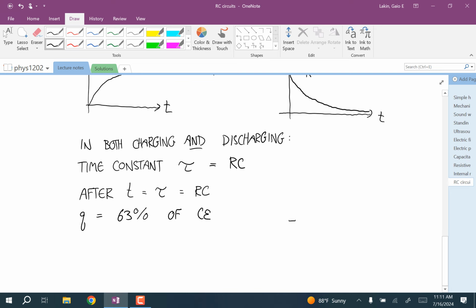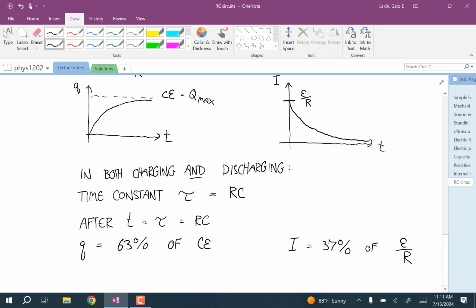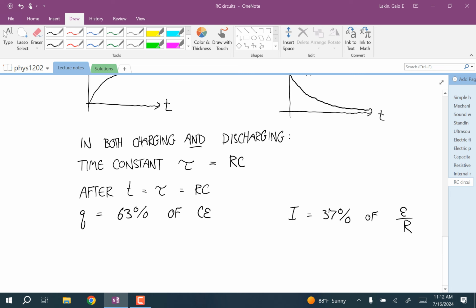And the current is 37% of the maximum current, which is the voltage over the resistance. So you can see that after one time constant, we've gone a considerable way towards getting this capacitor all the way charged. We're not all the way there yet, but we're 63% charged, and the current is slowed down to 37% of its original.